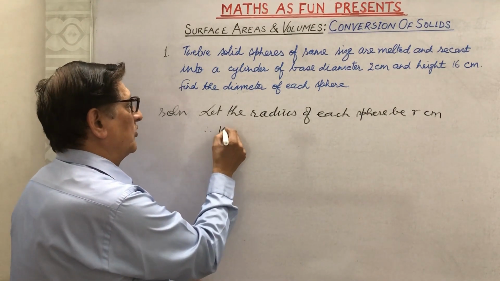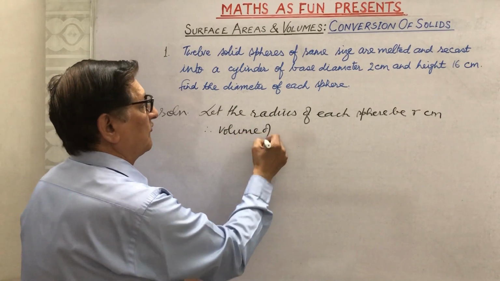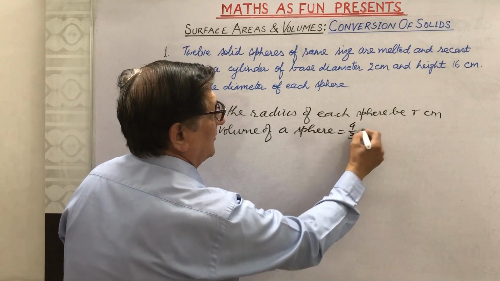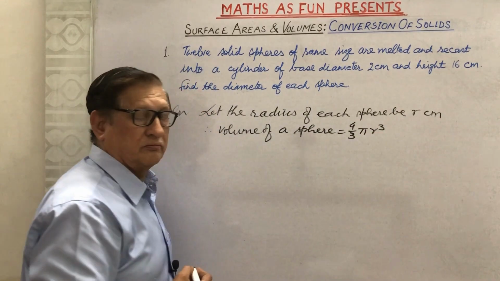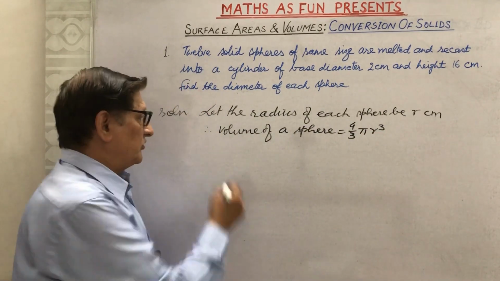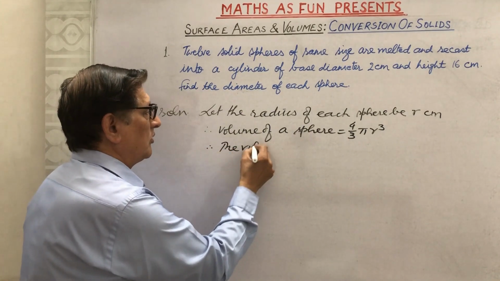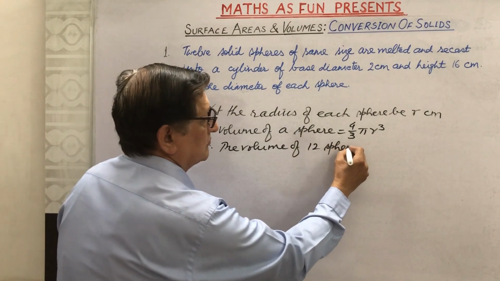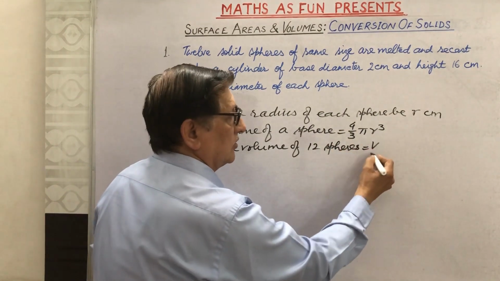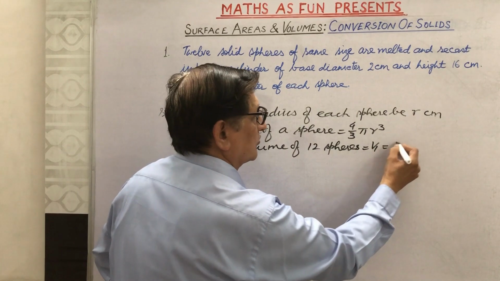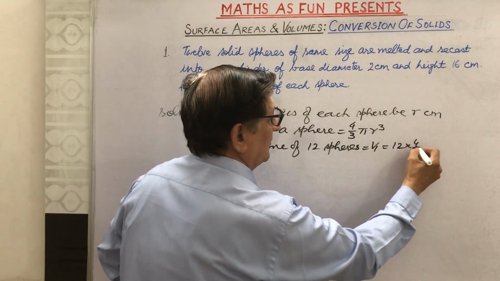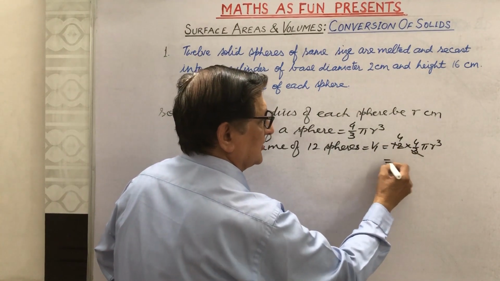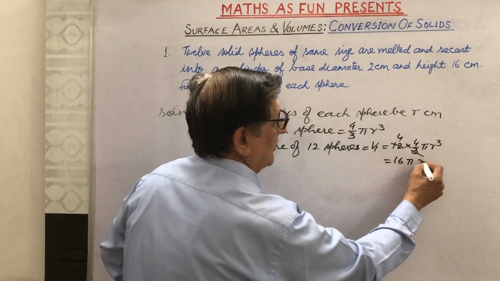Therefore the volume of a sphere is equal to 4 by 3 pi r cube. Therefore, the volume of 12 spheres, suppose equal to V1, is equal to 12 into 4 by 3 pi r cube. 3 cancels 4 times, so it becomes 16 pi r cube.